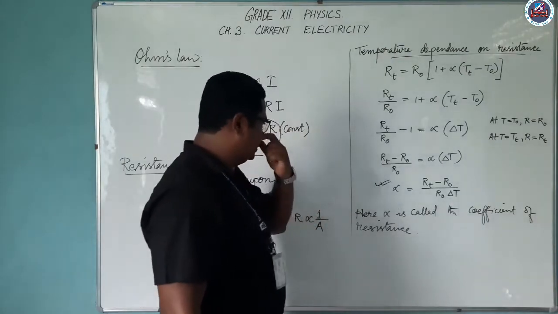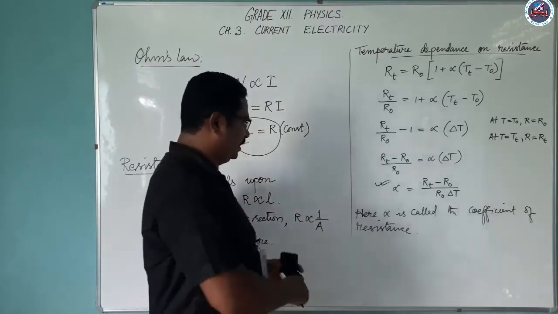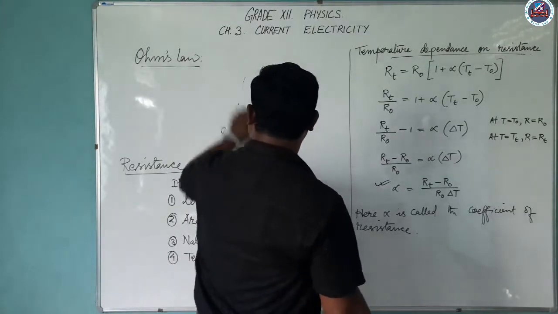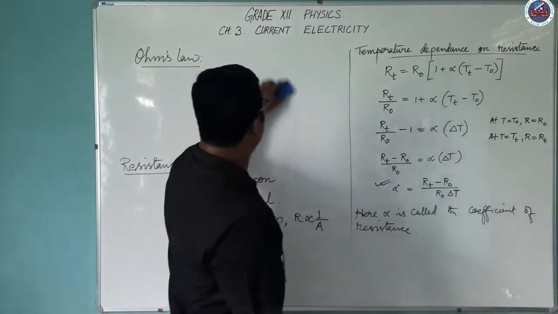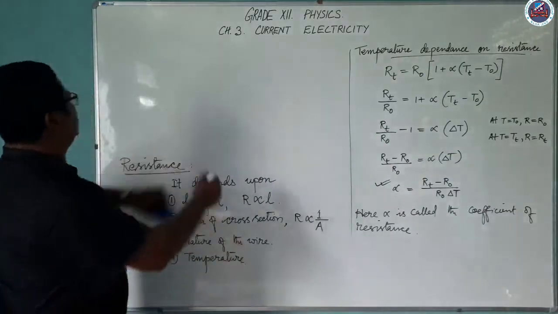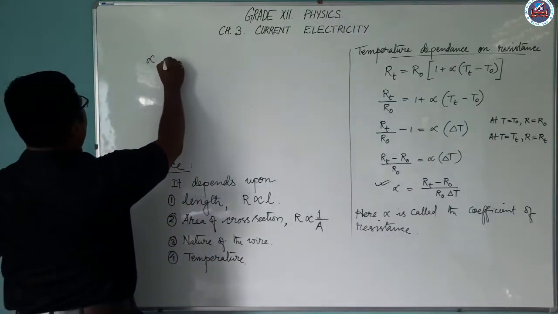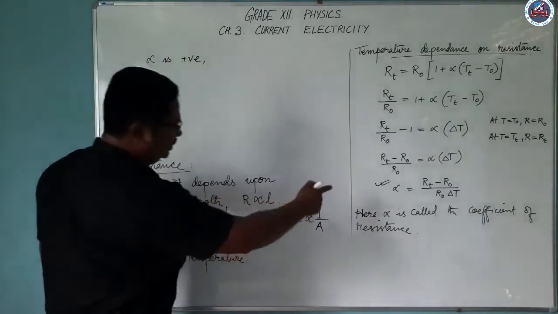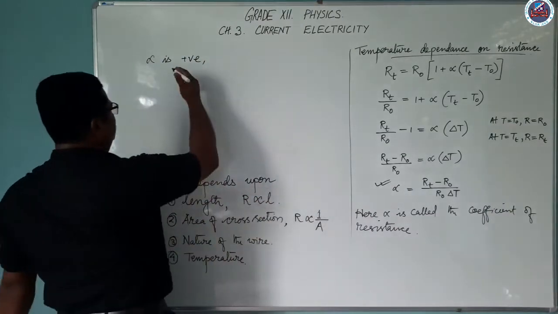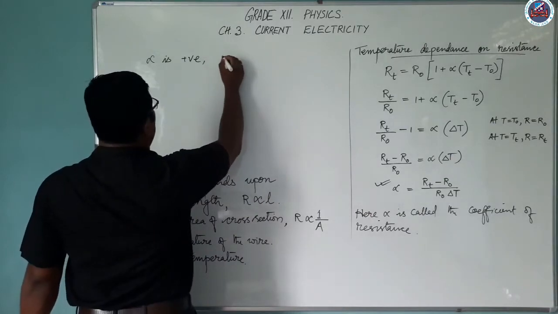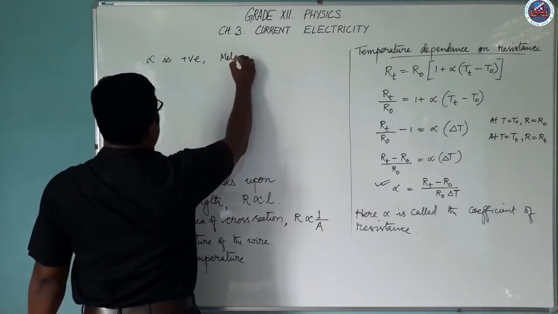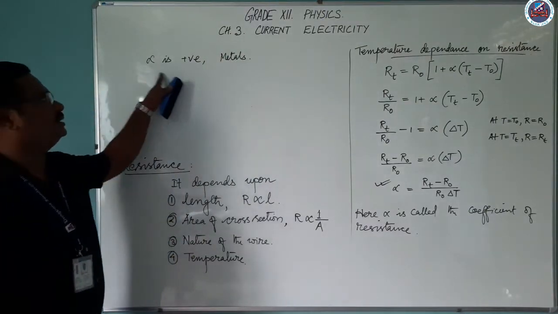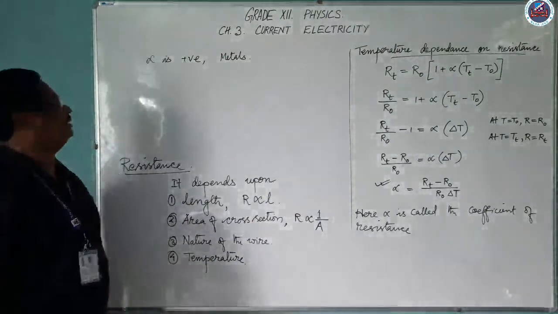And what does it tell us? This alpha value, if you calculate, two, three things you will come to know. If alpha is positive, then the object we are talking about is a metal. For metals, the value of alpha is always positive.